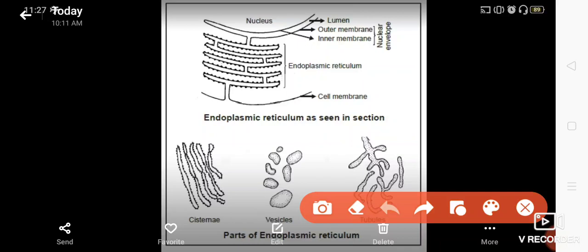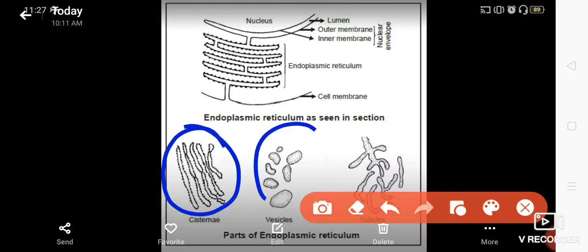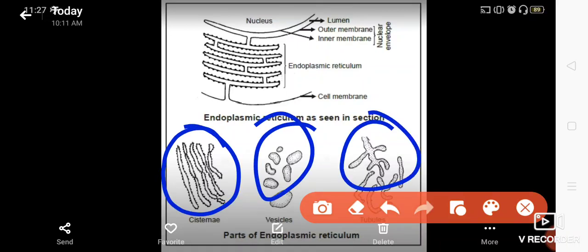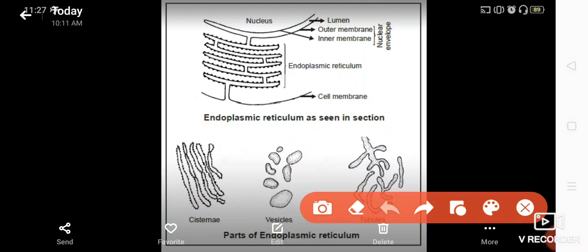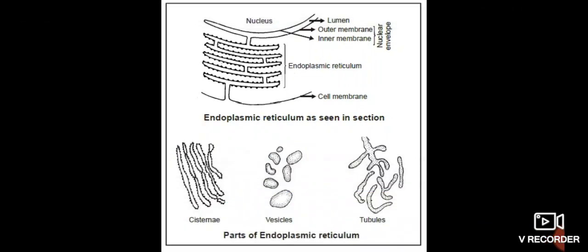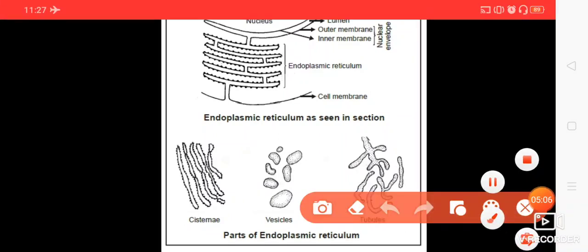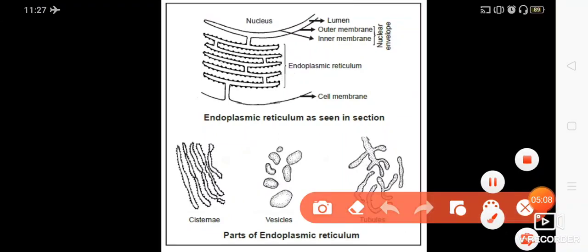So basically these are formed of three kinds of structures: cisterna, vesicles and tubules. Now you can see it clearly: cisterna, vesicles, and tubules.